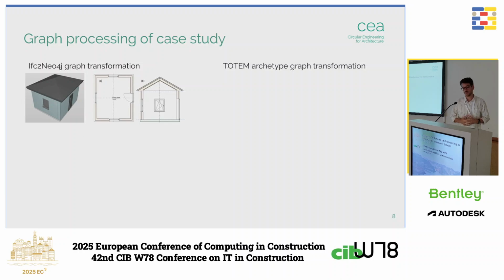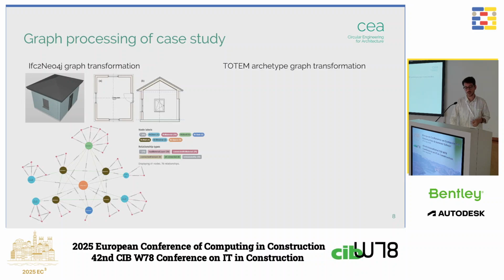We applied it to a very, very simple case study. It's just a one-room case study created in Revit, to keep it simple, also to understand if the graph is correctly fused, aggregated and calculated. In the ongoing research, we are now applying it to real-world case studies, and the graphs are getting more complicated.